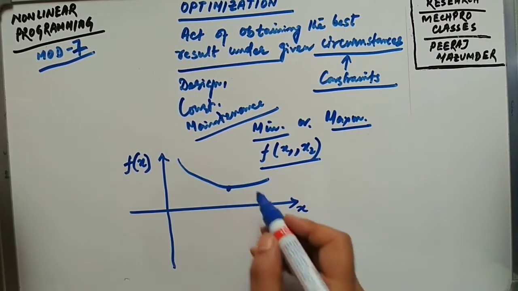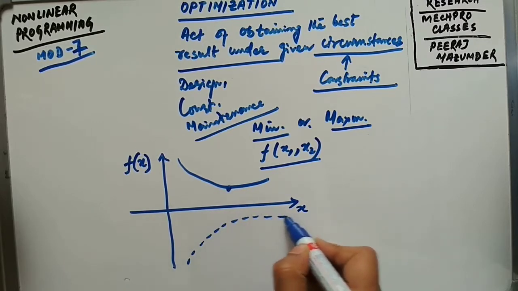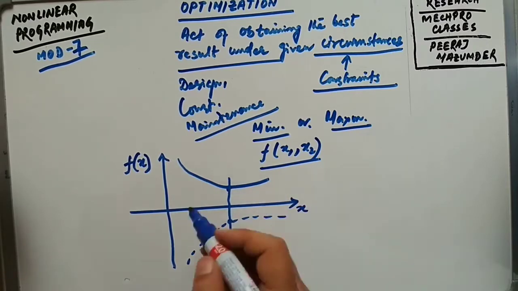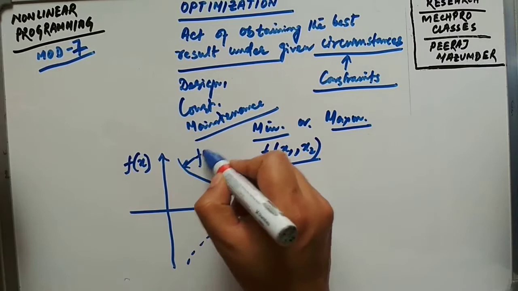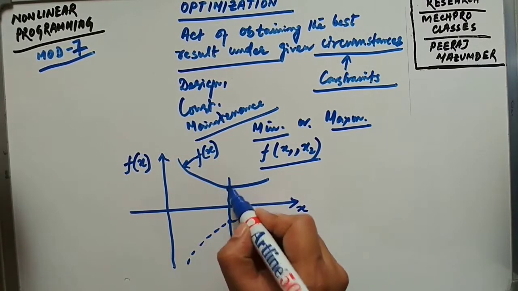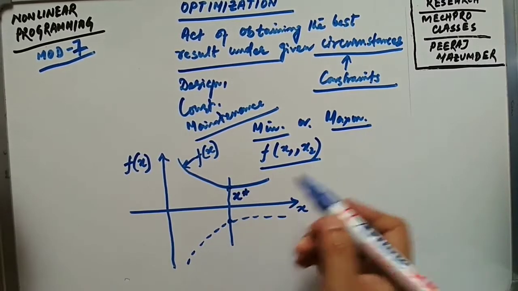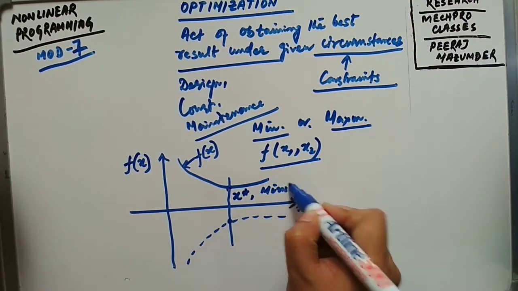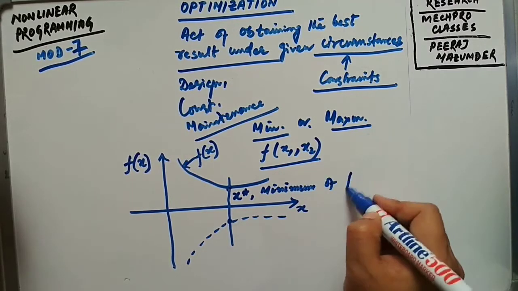Say this one is f(x), and this one is the x star value. Okay, x star is optimal. Say this one is the minimum value. So the minimum of f(x) we have found here.